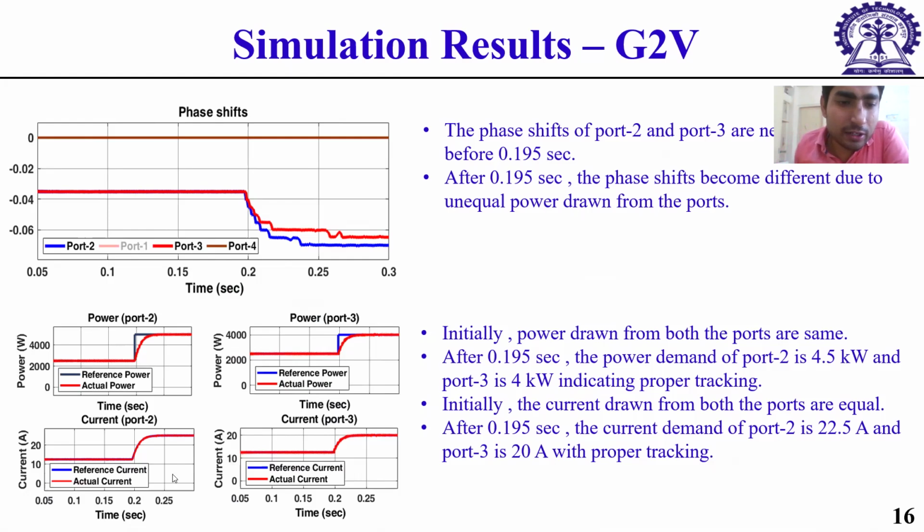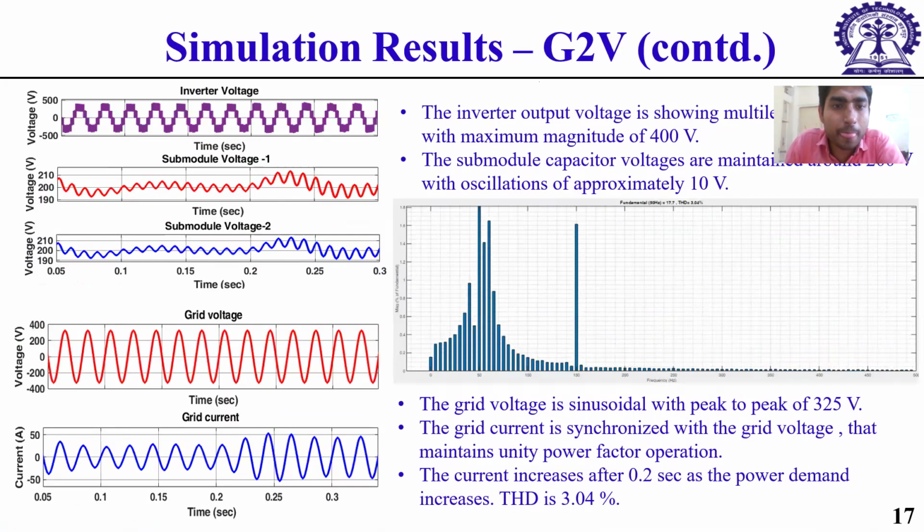We can see in the graph, and the phase shift, as I change the power level at 0.195 second, the phase shift is changing also, and before 0.195 second the phase shift is same, because the power level is the same for both the ports.